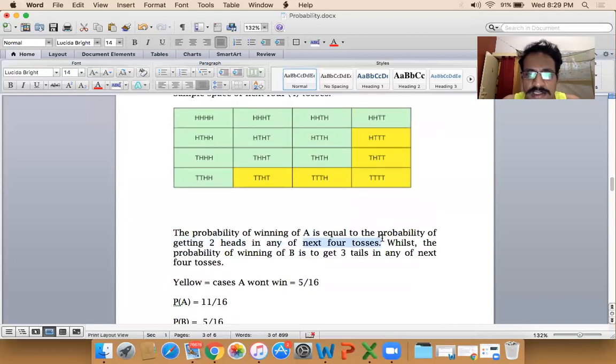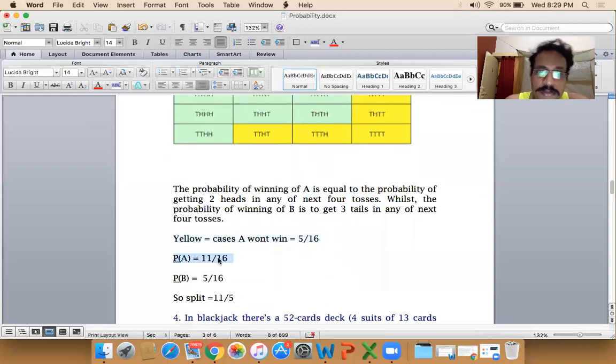So these yellow are the cases where, if yellow happens, then A is not going to win, because 1 head 3 tails, or all 4 tails are highlighted in yellow. So this is the probability that A will not win, and we get 5 such cases in the entire sample space.